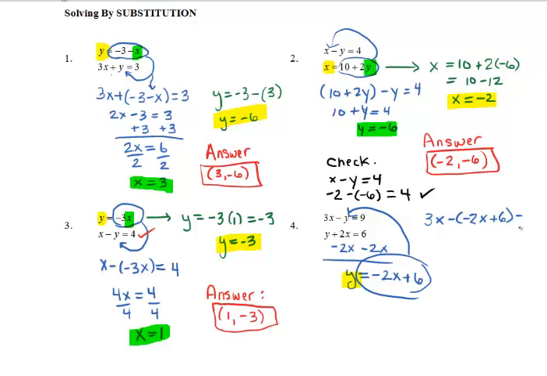And that equals 9. So I'm going to distribute. I have to distribute that negative, which is a -1. I'm going to do -1 times -2x and -1 times 6 to give me 3x plus 2x minus 6 equals 9. So again, solving this particular equation, I end up with x equals 3.